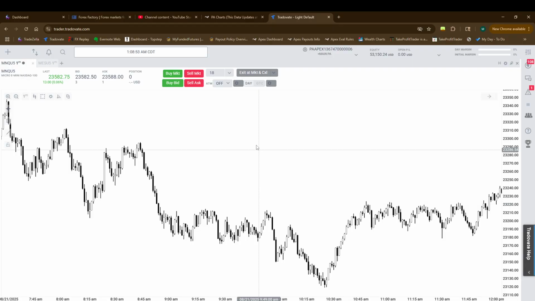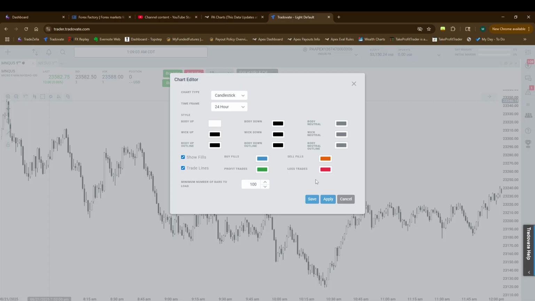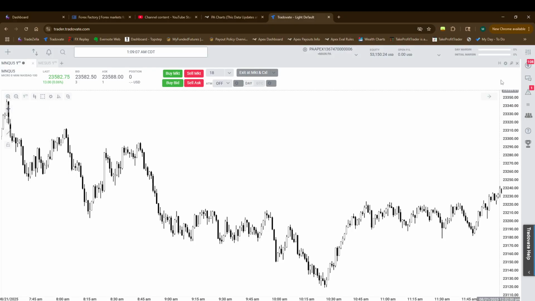No, it's definitely not. The execution is not showing on Trade08 for some reason. I know there's a way to change that. I'm not too inclined with Trade08 as much. I don't even know how to change those settings.